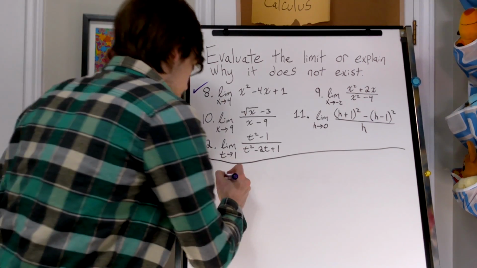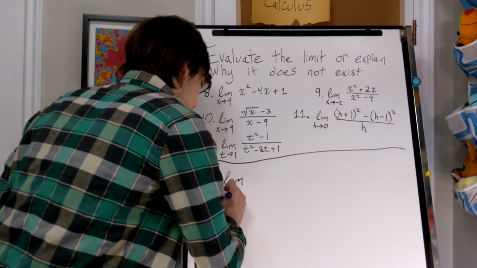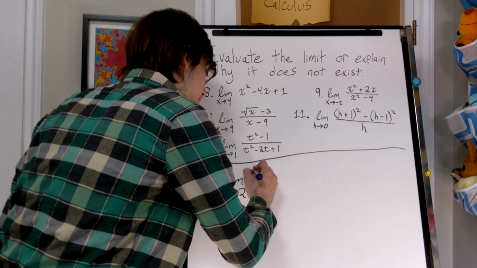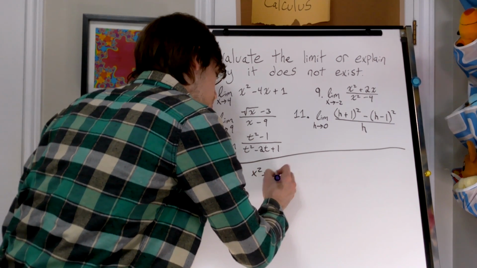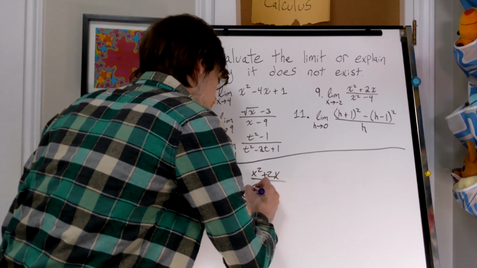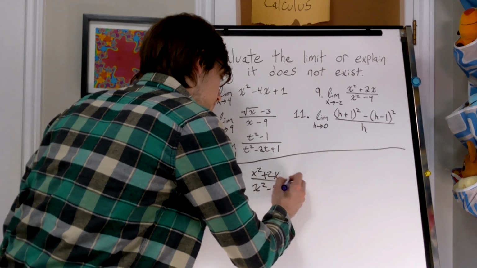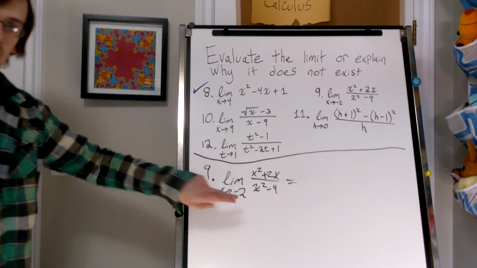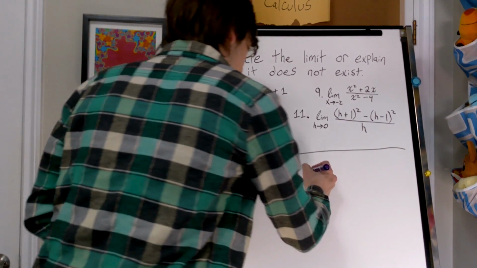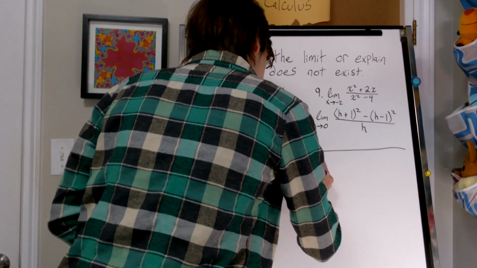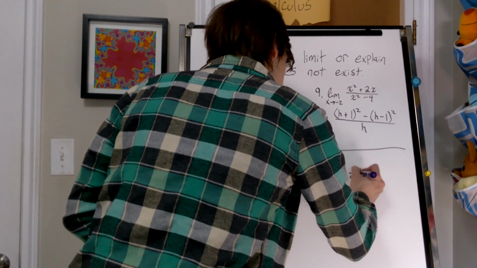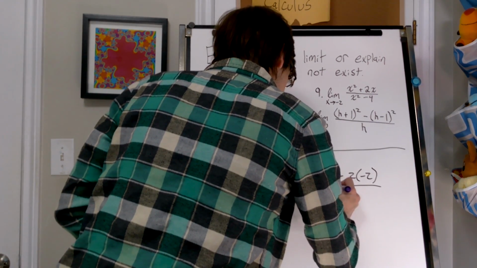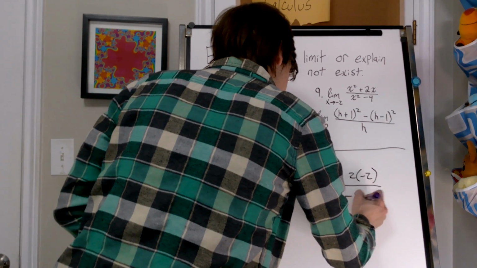We can see here that the limit as x approaches negative 2 of the function x squared plus 2x over x squared minus 4. If we plug minus 2 directly into the function, we get negative 2 squared plus 2 times negative 2, over negative 2 squared minus 4.